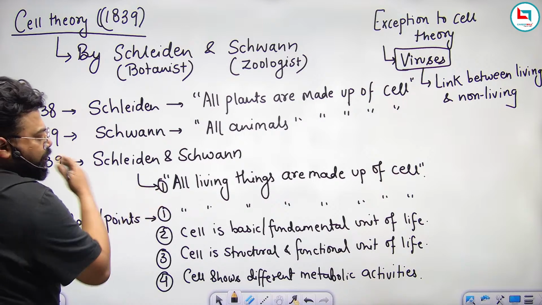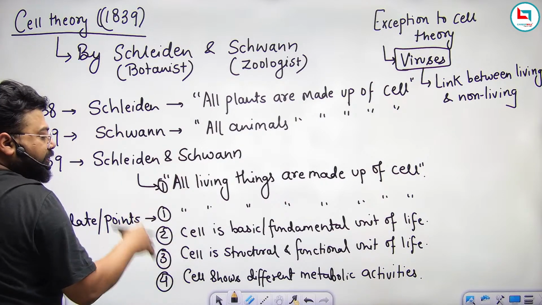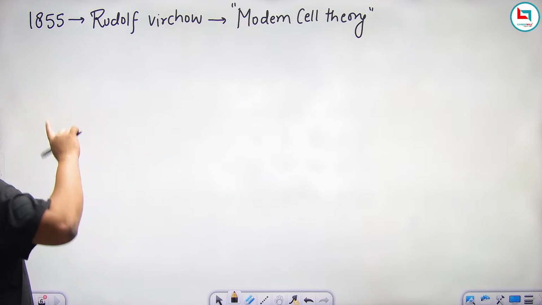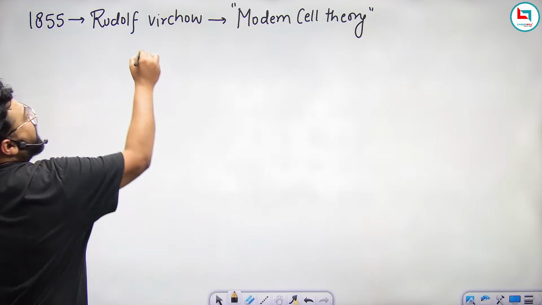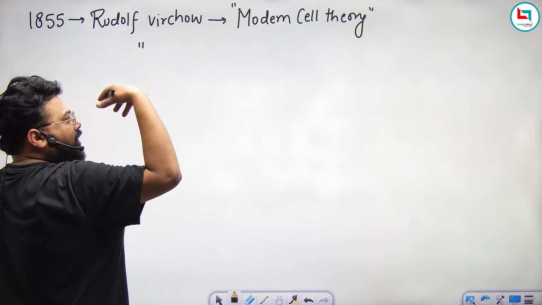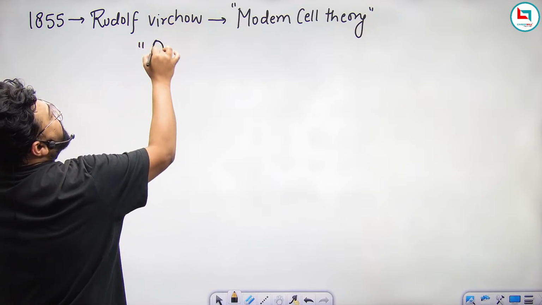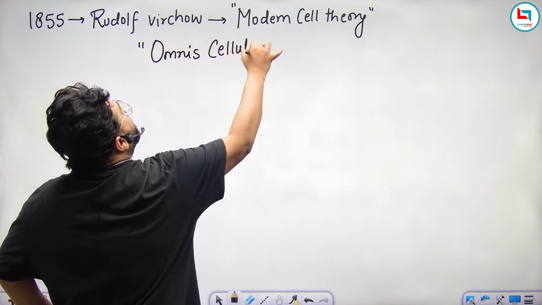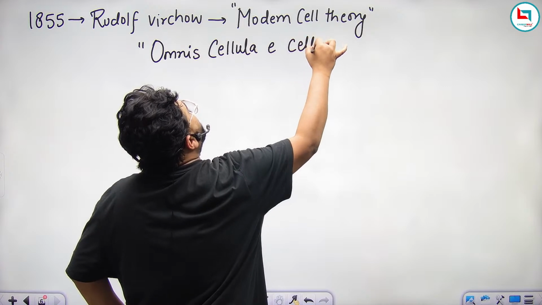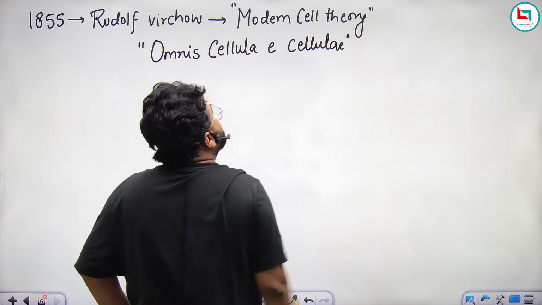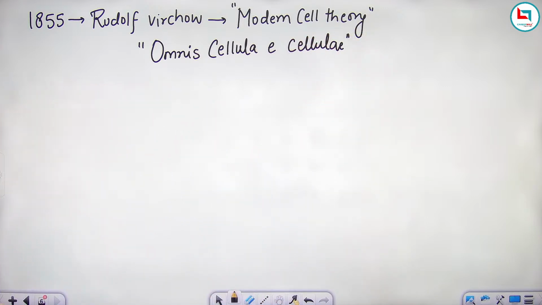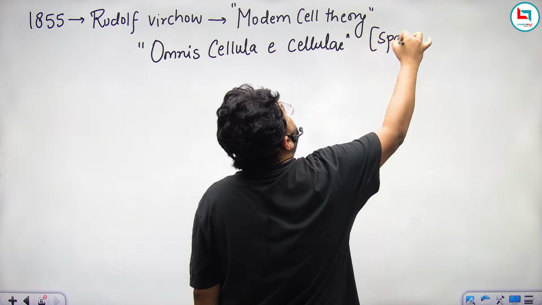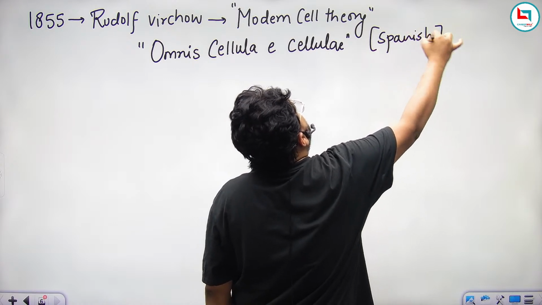He pointed out all the points of cell theory inside modern cell theory. He just added one new point inside the cell theory, and he wrote that point in Latin like this: Omnis cellula e cellulae. This is the new point of cell theory.